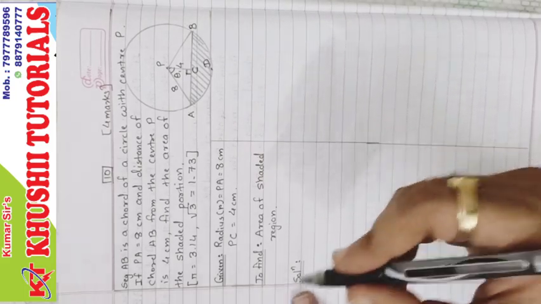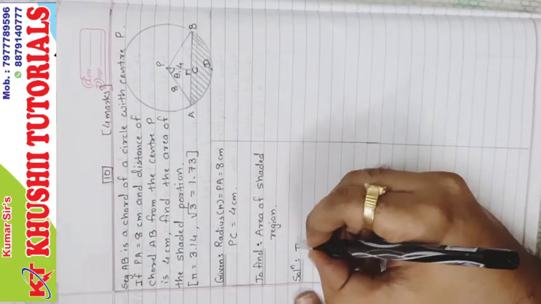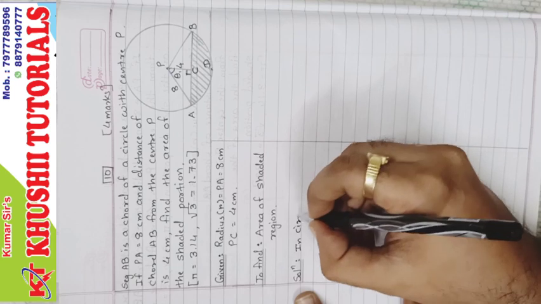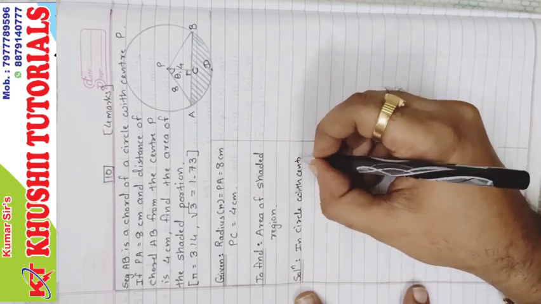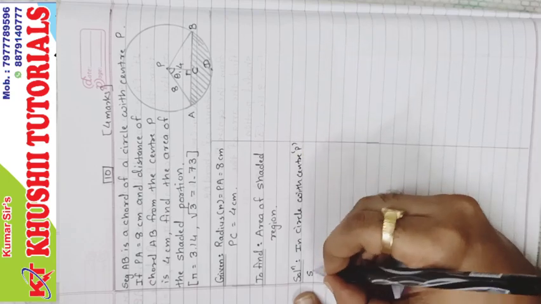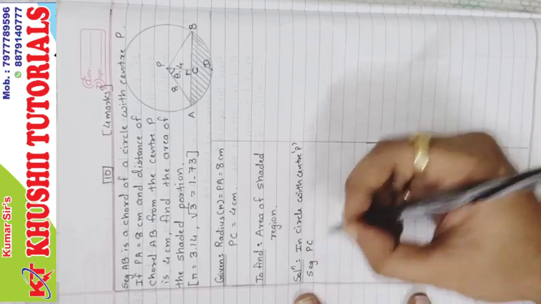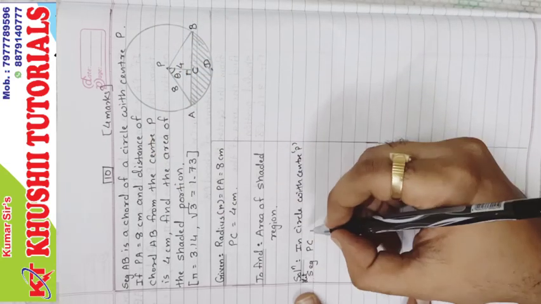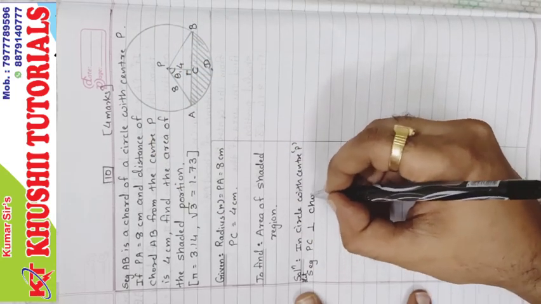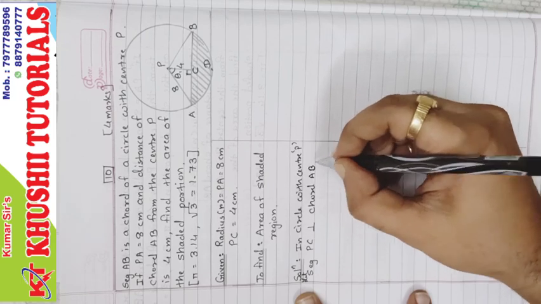Let's start. Now in circle with center P, segment PC. See, this C point is not given in the question, so we have to write let segment PC be perpendicular to chord AB.